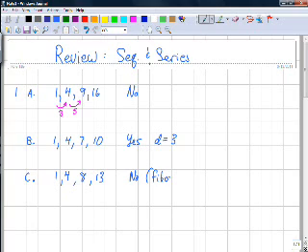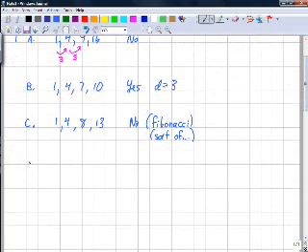We jump up by 3 each time. So that's kind of basic questions about arithmetic sequences. This one is a no, but I do recognize that as the Fibonacci series.